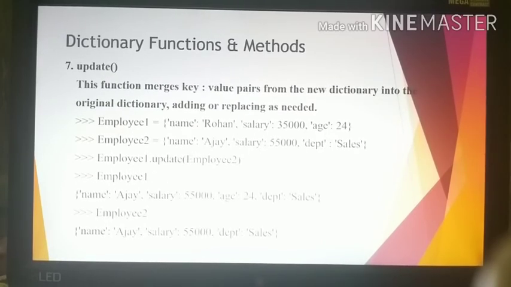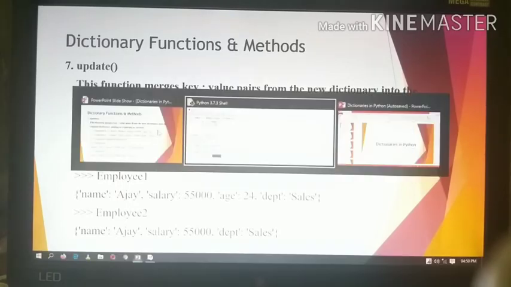Next function is the update function. This function merges key value pairs from the new dictionary into the original dictionary, adding or replacing as needed. In this, there are two dictionaries here, and if you want to update one dictionary with another dictionary, then you can do it using the update function.